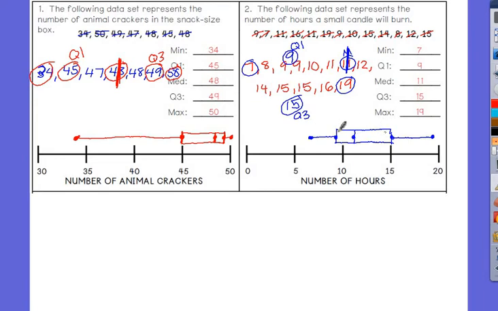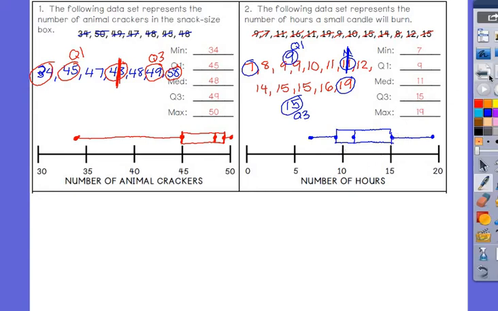So the majority of our data is between 9 and 15. Looking at this, is the majority of our numbers between 9 and 15? Yeah, that makes sense. The middle number of all of them is 11. And there is my lovely box and whisker.